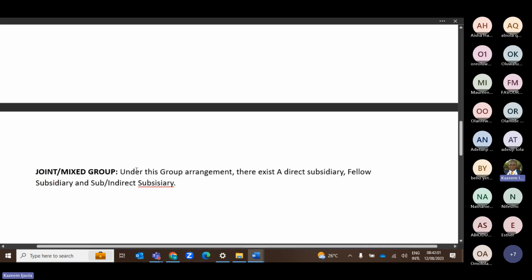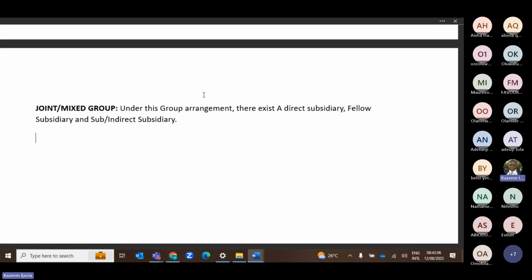That's why it is called joint or mixed group. It's the most difficult part of the group structure analysis, so I would spend a lot of time to explain this.